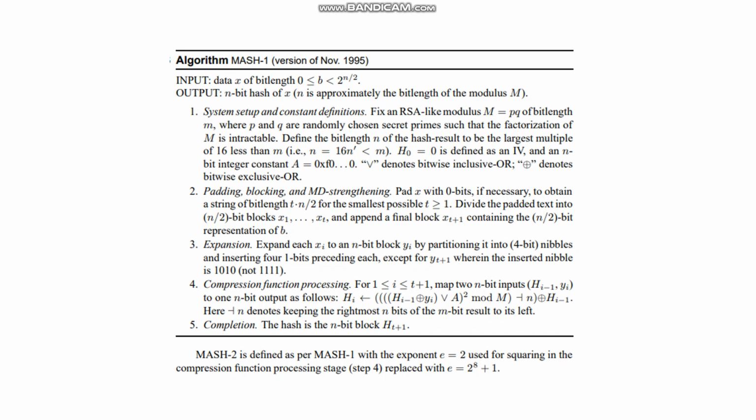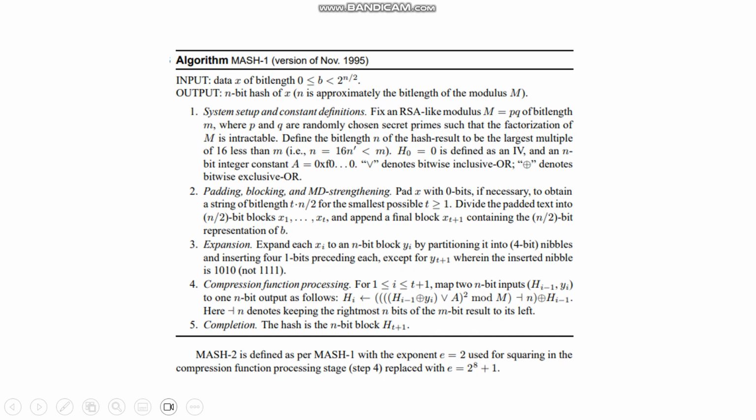Compression function processing: for i from 1 up to t+1, map the n-bit inputs to the 1 n-bit output as follows, and here we have this function of the output.